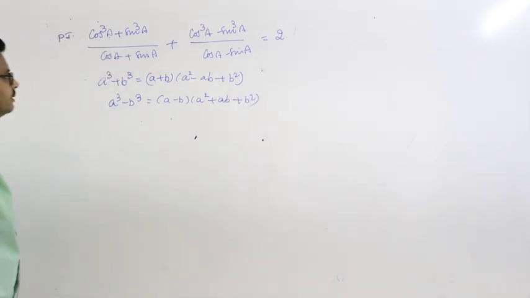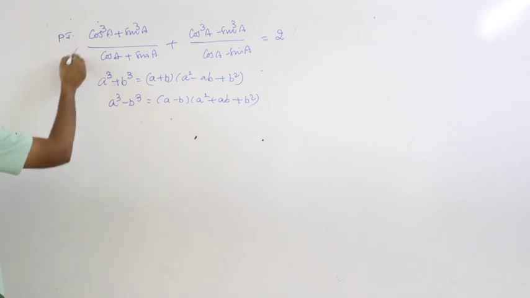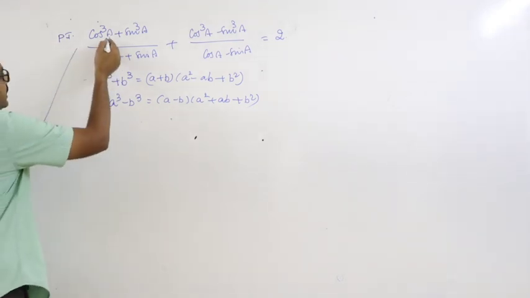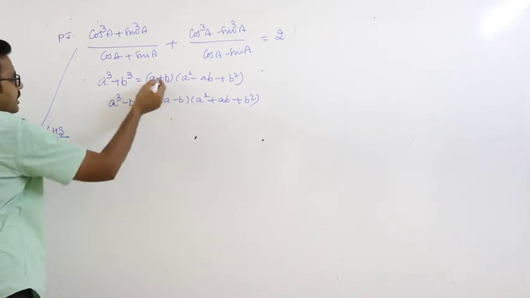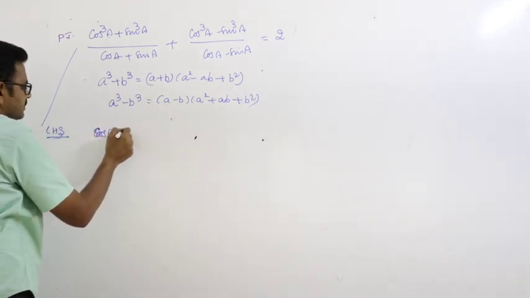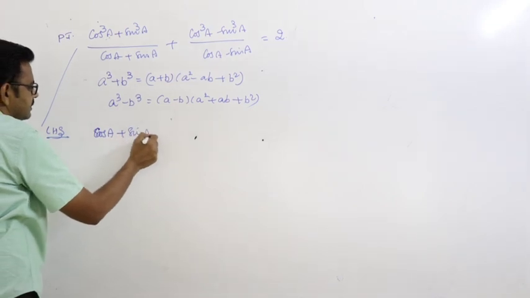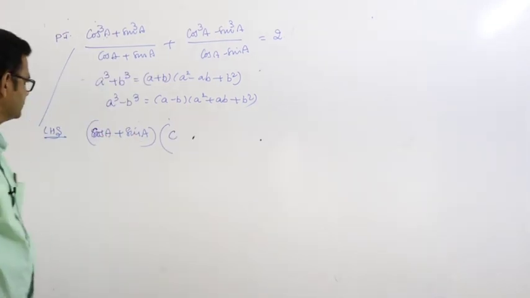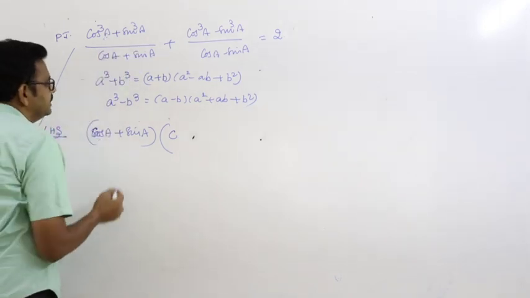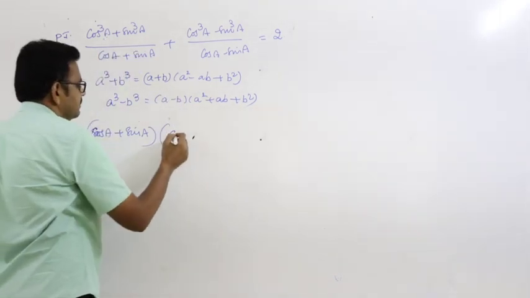Now this is the LHS. So A cube plus B cube, A plus B, where A is cos A and B is sin A, into A square, that means what?